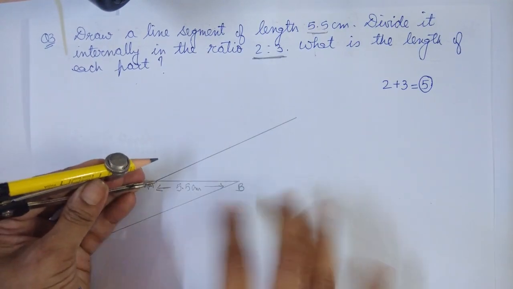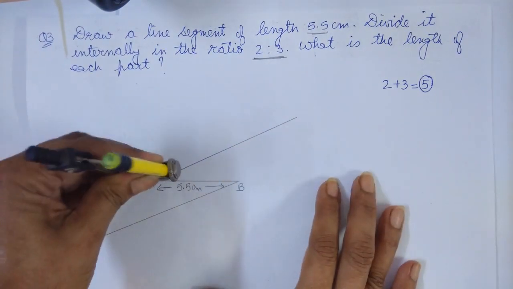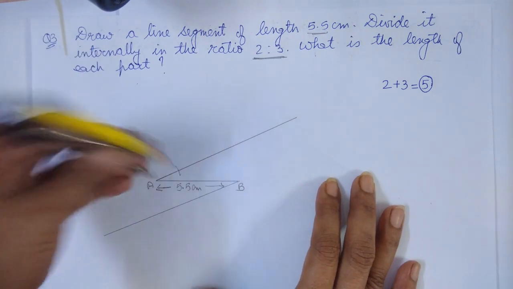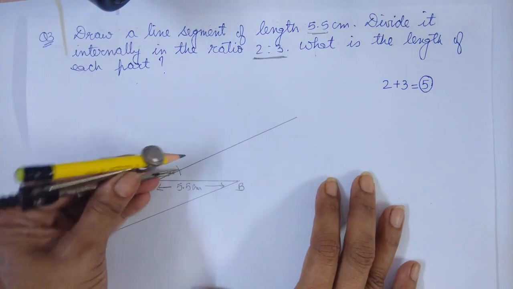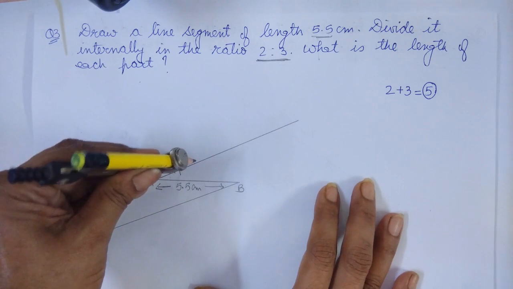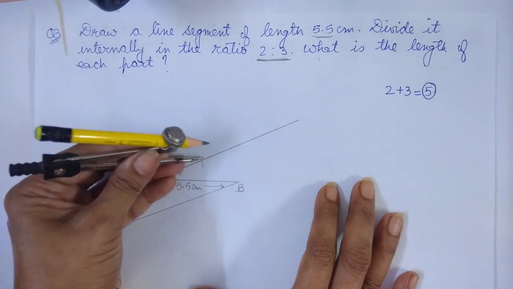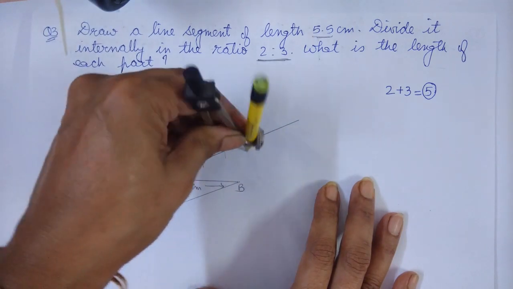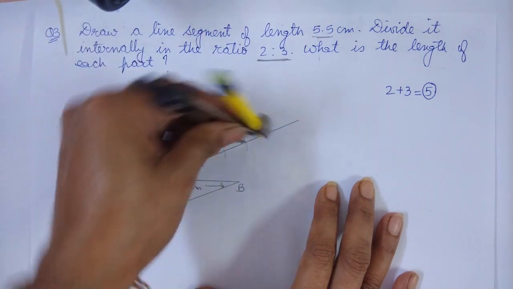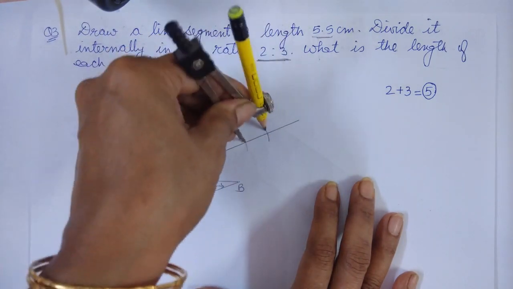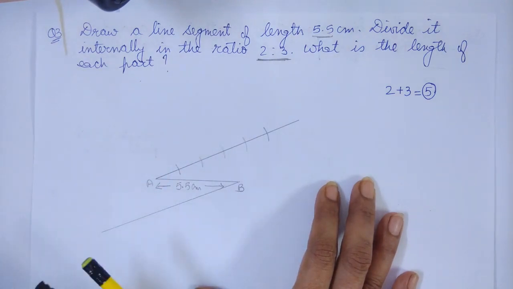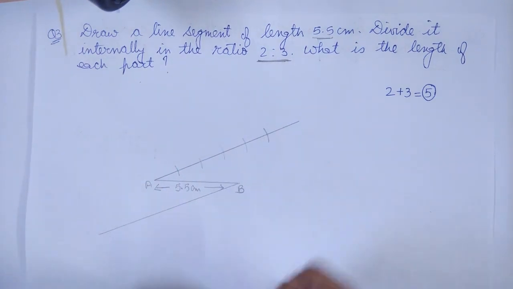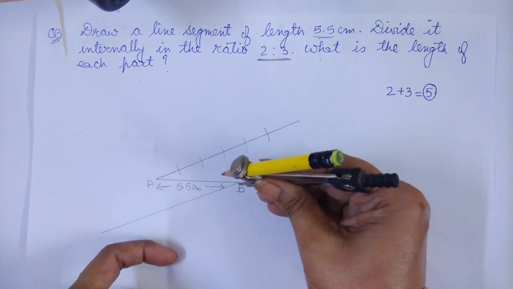So, again same procedure you have to follow. You can keep the measurement according to yourself like this: 1, then 2, 3, 4 and 5.